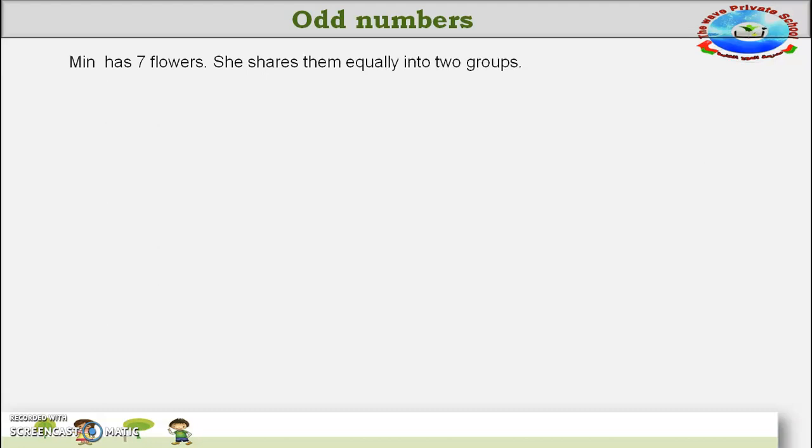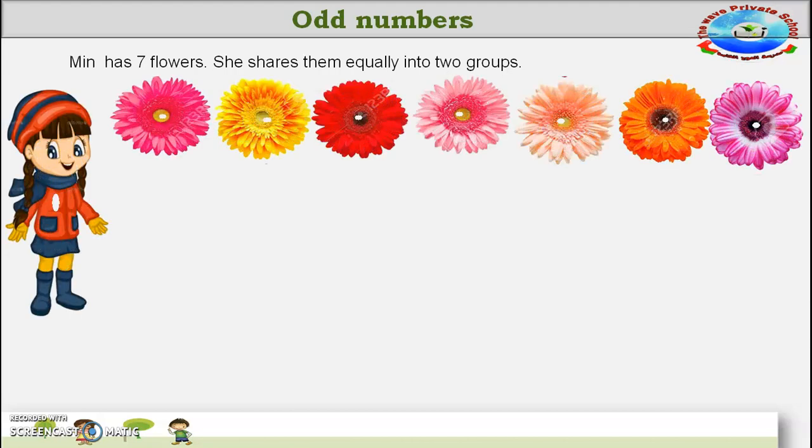Here, Min has 7 flowers. She shares them equally into 2 groups. So, this is Min and her 7 flowers. She wants to share the flowers equally into 2 groups.